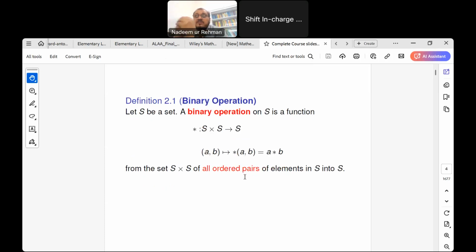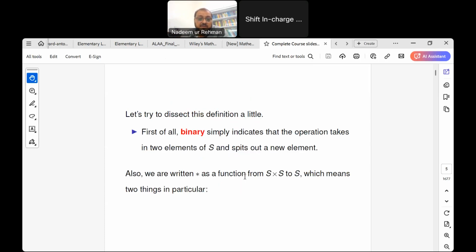So a binary operation is simply a function from S cross S to S, where a and b are operated as a star b, from the set of all ordered pairs of elements in S into S. This means the image of (a, b) under the operation star is denoted by a star b.